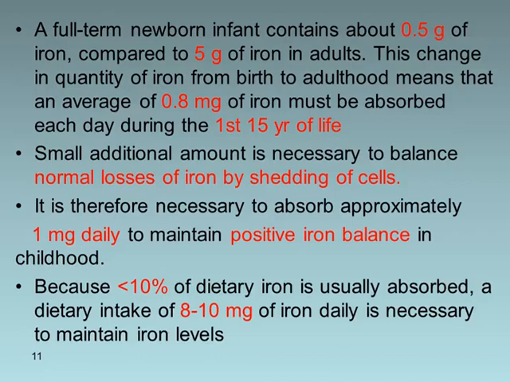A small additional amount is necessary to balance normal losses of iron by shedding of the cells. It is therefore necessary to absorb approximately 1 milligram daily to maintain positive iron balance in childhood.